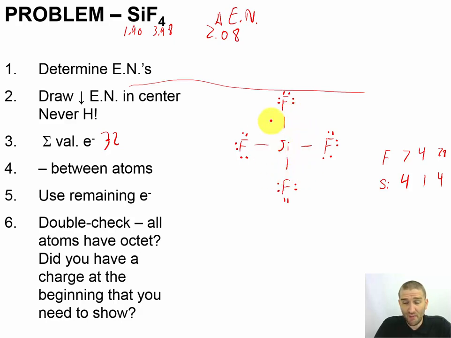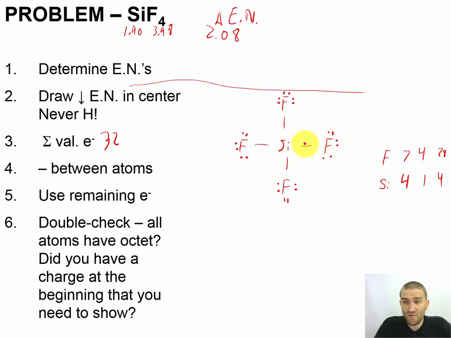By putting my other atoms all around it, it already was maxed out at its octet with those electrons in the bonds. But on top of that, if I needed to, I could have shared in one of these pairs to make a double bond at the end. We don't even come close to needing to do that. So I count up my octets on everything. I have 2, 4, 6, 8, and so on for each fluorine.